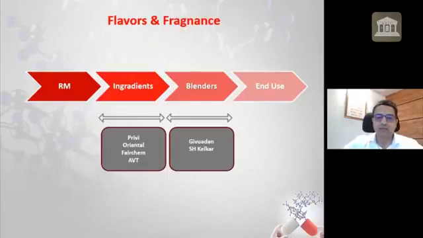Whereas if you look at the margin, the blenders typically make more margins in this case because they are close to the end users. So blenders make more margins, but ingredients have more visibility in terms of the revenue. Privi, Oriental, Fairchem, these are some of the players in the ingredient value chain. I think Ishmohit has already given the presentation on Privi and Oriental.